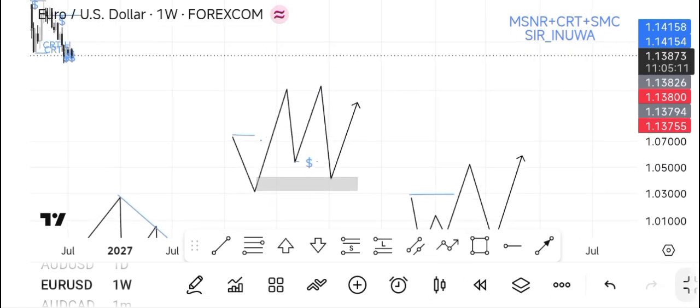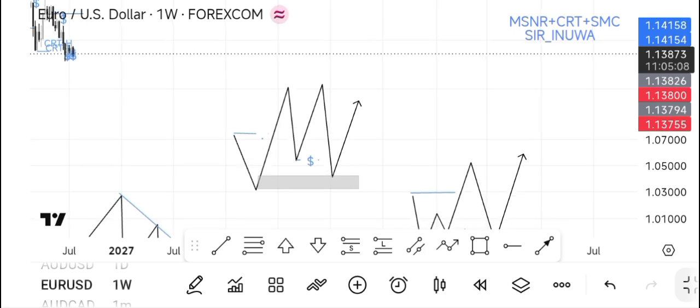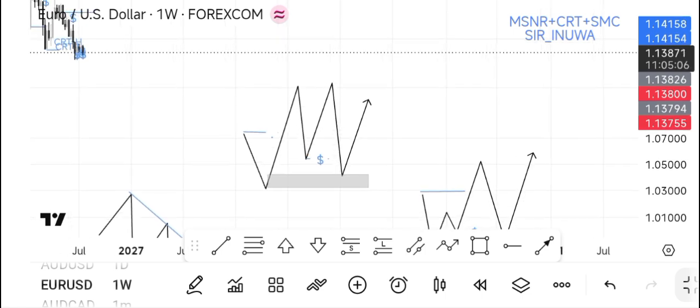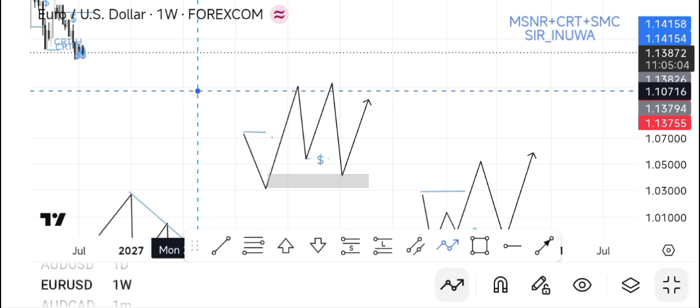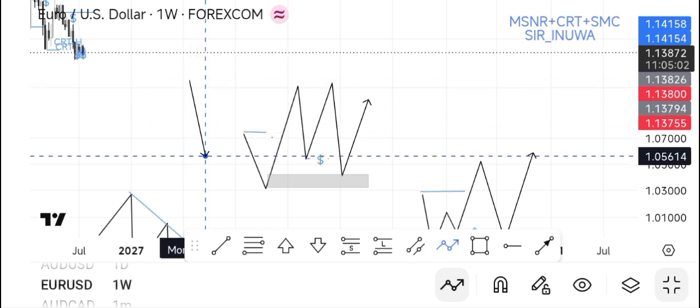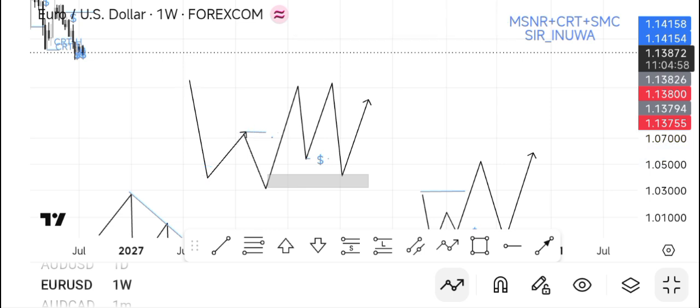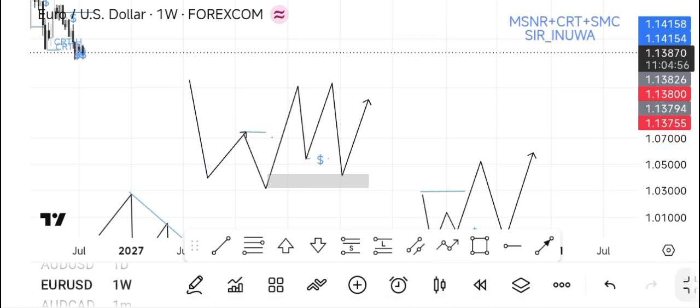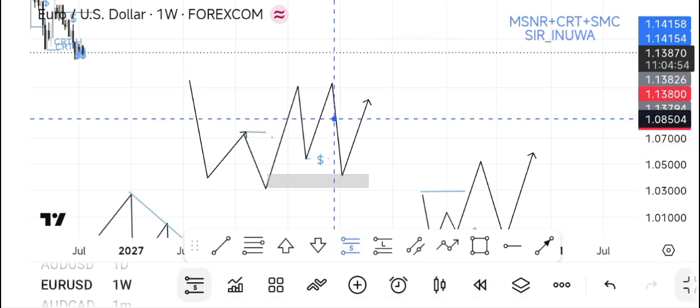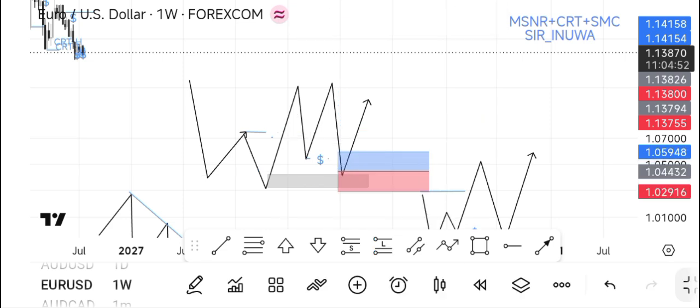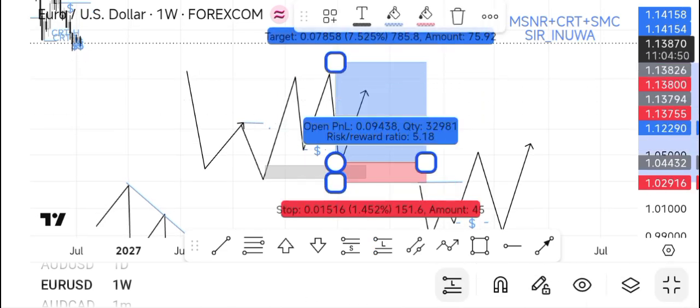If we are in a downtrend, I need to see a change of character like this. Change of character, then liquidity will be short. That's it.